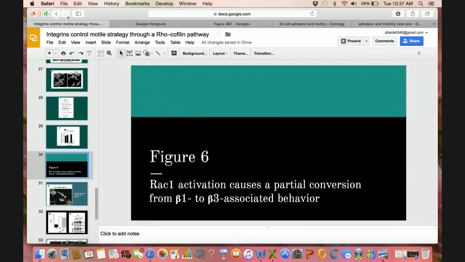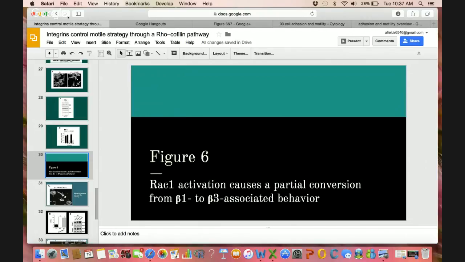But the cells are balanced, favored towards Rho GTP due to the higher levels. So Dannon and colleagues investigated whether this was due to Rho A activity or an imbalance between Rho and Rac.